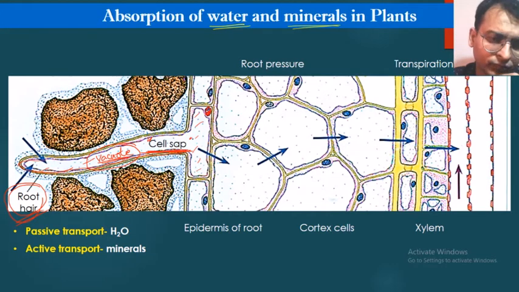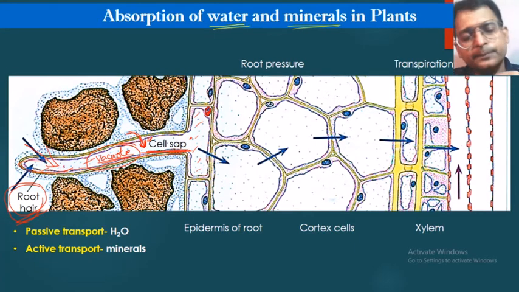Now these are the soil particles and this is the moisture or water that is there in the soil. What happens? The water that is there in the soil will move into the root hairs. Okay, it is moving from outside to inside. Why?